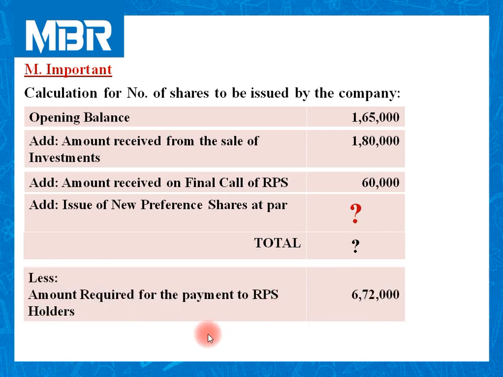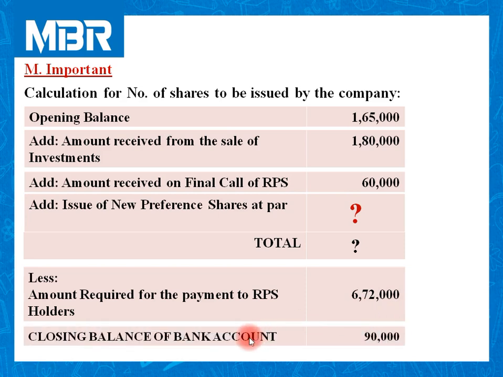Less amount required for the payment to RPS holders, 6,72,000. Closing balance of bank account as given in the additional information of the question.